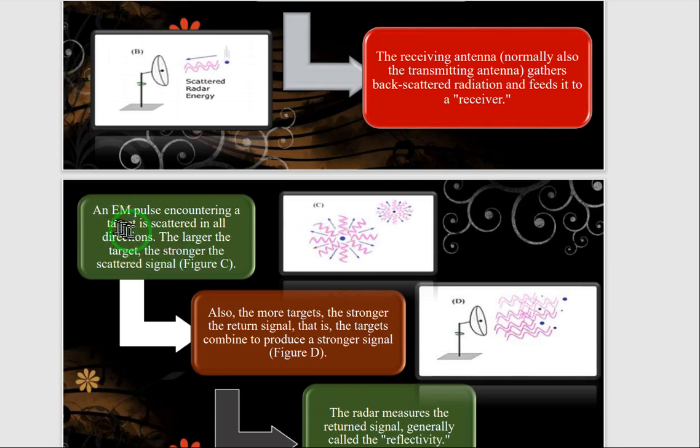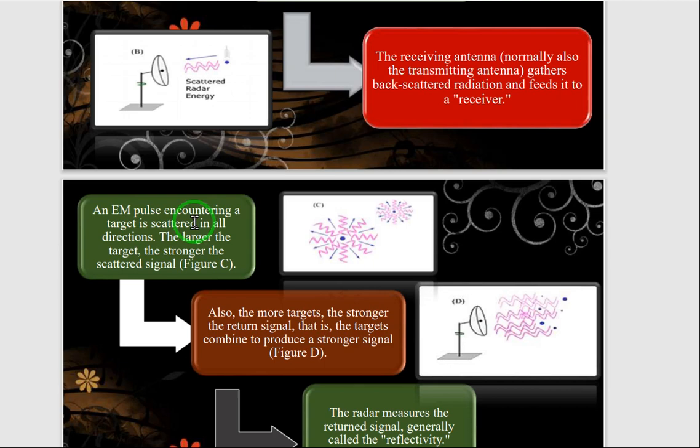It means the received EM wave is a reflected wave that carries the target information.